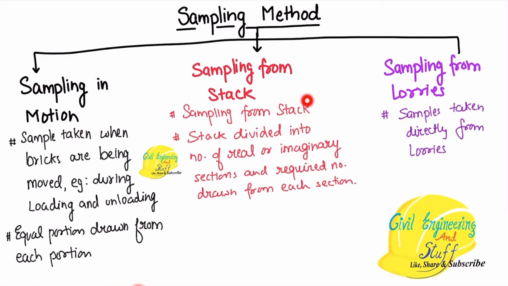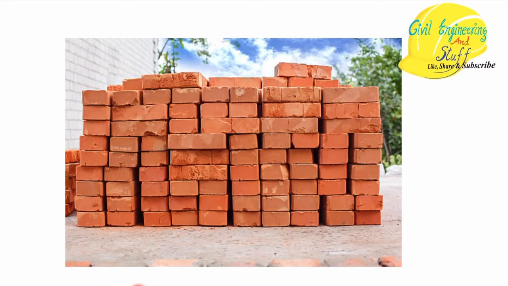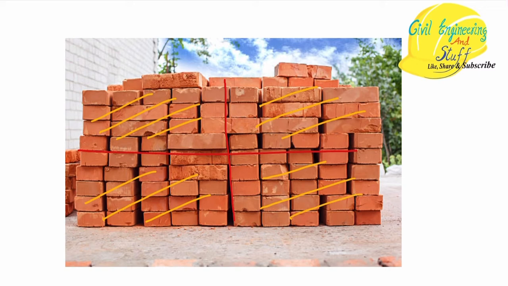Second is sampling from stack. Sampling from stack is when we take the samples from a stack of bricks. We divide the stack into a number of imaginary sections, and then from each section some samples are taken for testing purposes.